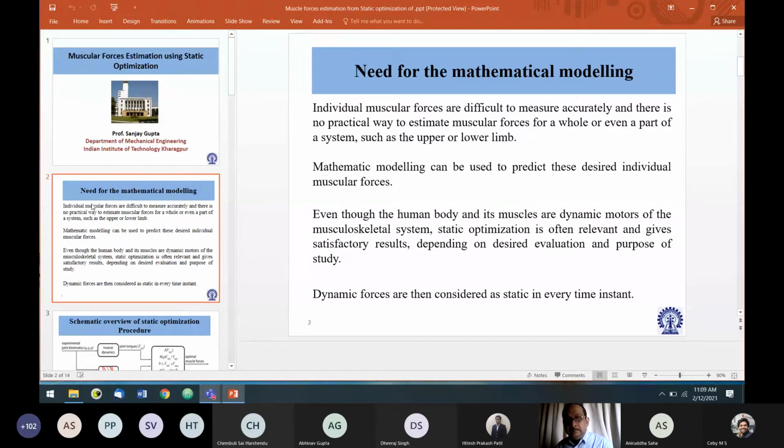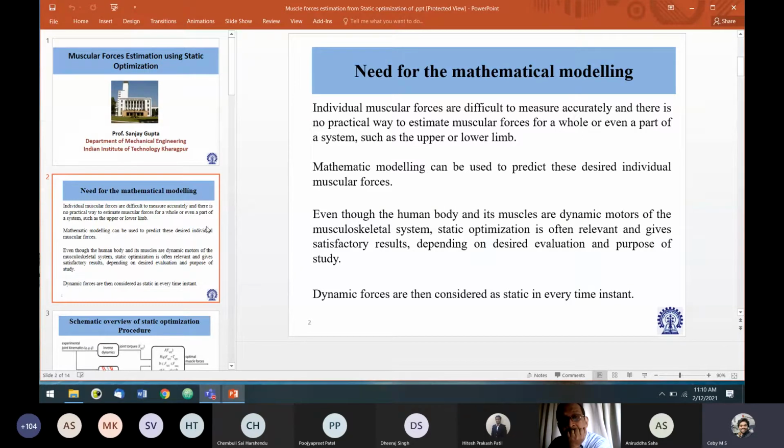Clear? Can you hear me? Yes, clear. Okay. So in static optimization, we are not going to take such assumptions. Rather, we will directly go with the equations, but in a different approach.